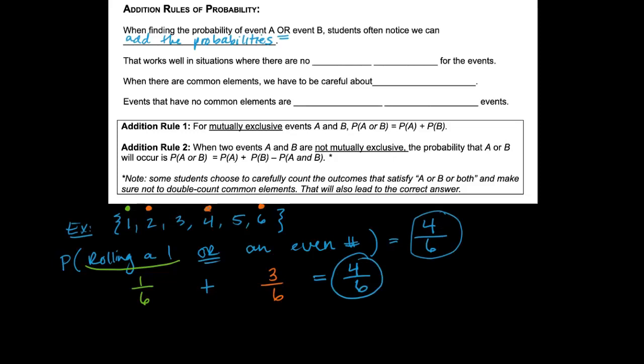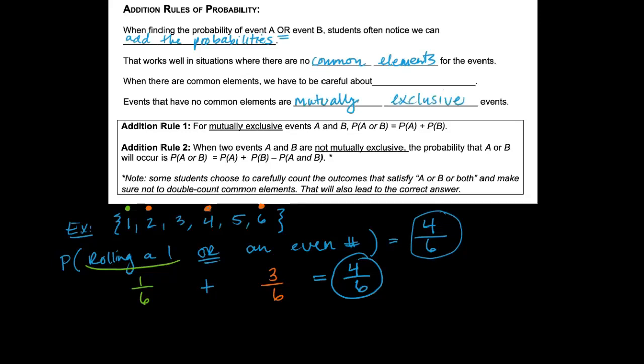And this works really well when there are situations where there are no common elements for the events. So for example, it's impossible to roll a 1 and an even number at the same time. And events like this that have no common elements are considered mutually exclusive events.